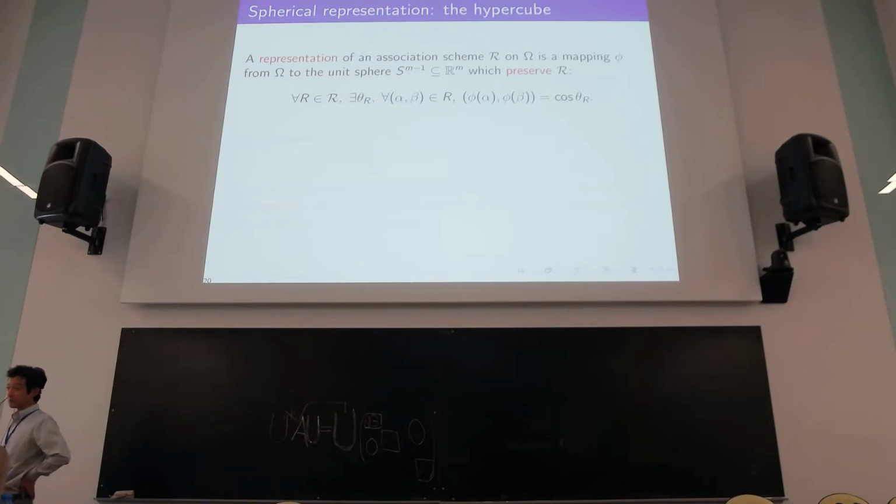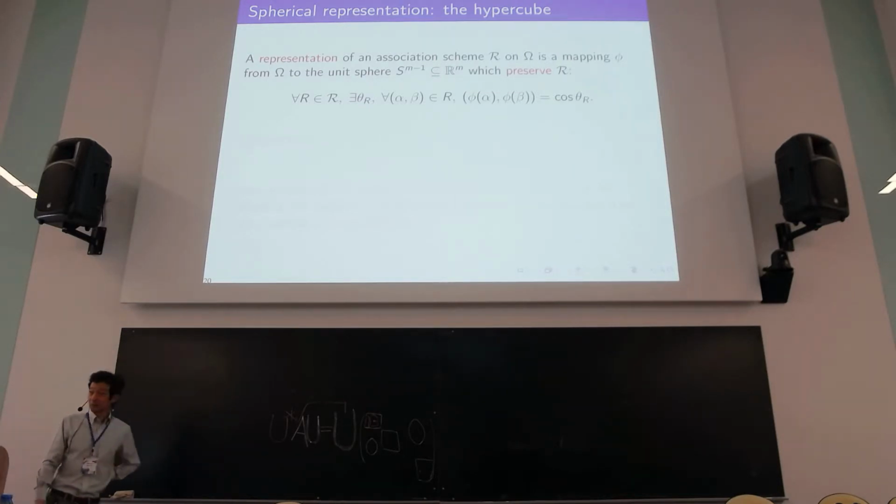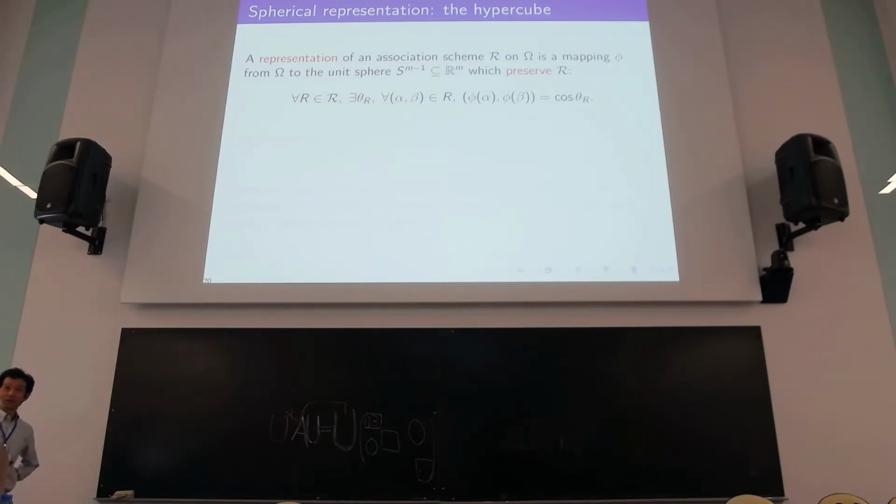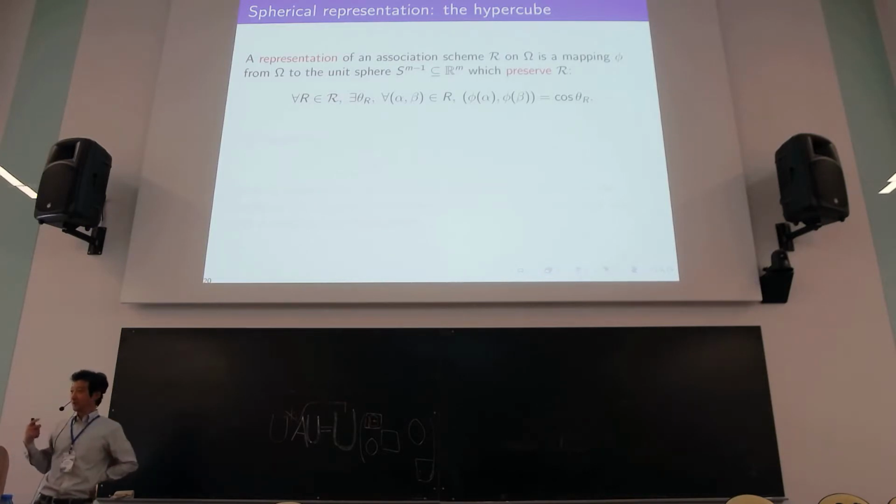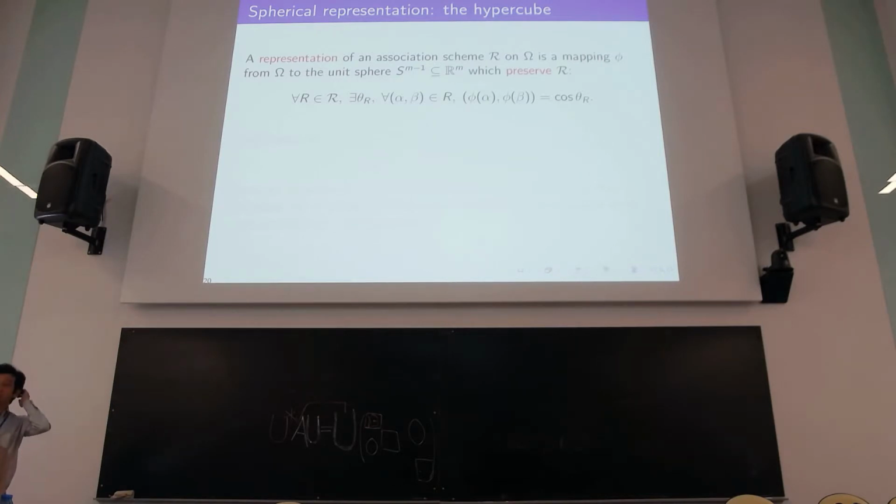So a representation of an association scheme is a mapping from the underlying set to the unit sphere, which preserves the structure of the association scheme. What does it mean by preserving the structure? An association scheme has a set of relations, and we want pairs in the same relation to belong to the same relation on the sphere. That is, the relation on the sphere is defined in terms of, say, the cosine of the angle, which is the same as the inner product.